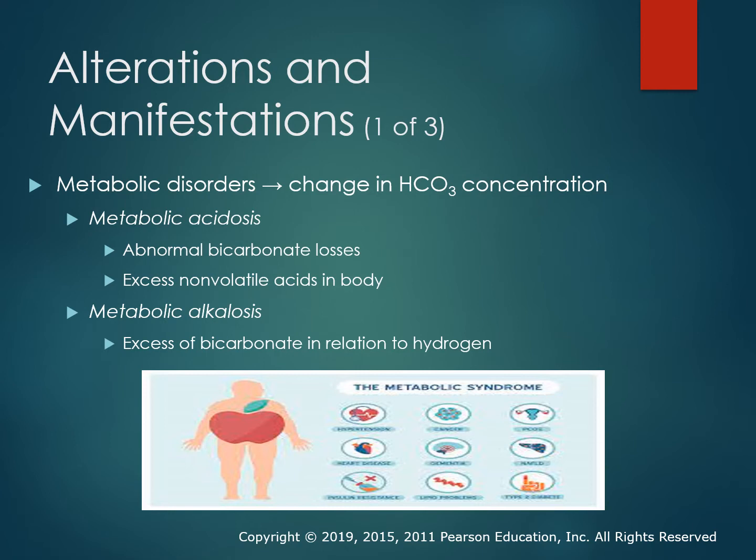So if you have a pH below 7.35 and a bicarbonate below 24, then you're going to have metabolic acidosis. I'm sorry, I said that wrong. Let me re-say that.